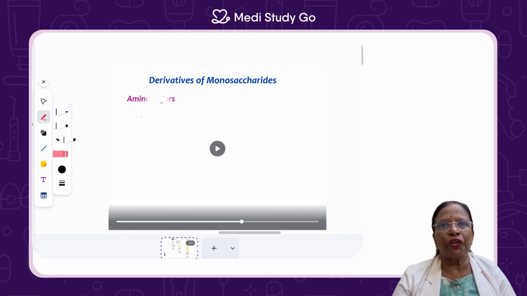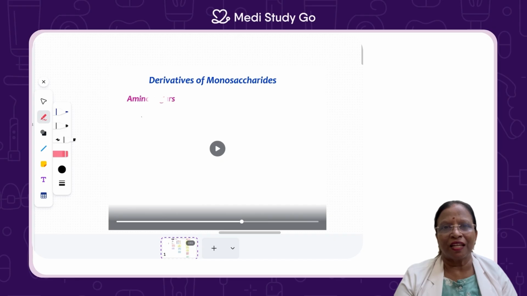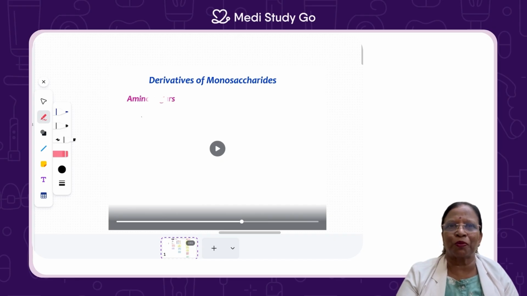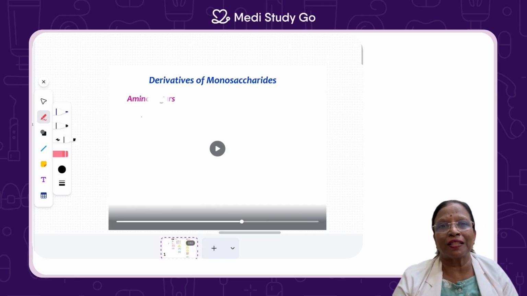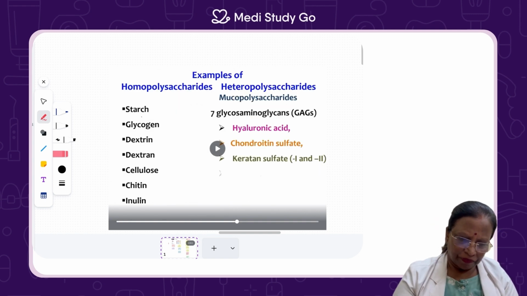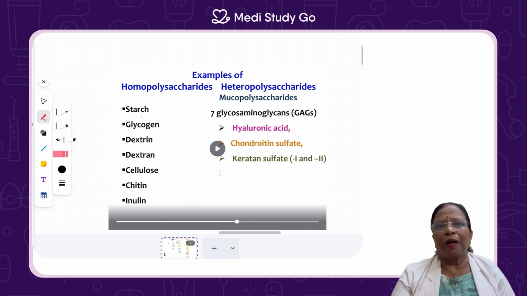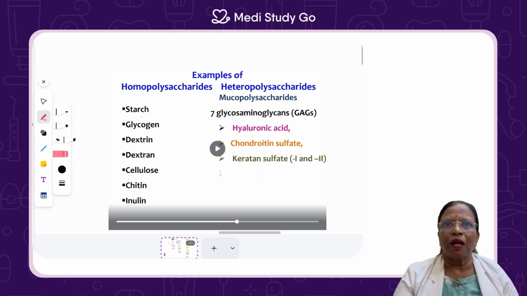But we no longer use the inulin clearance test because we use an endogenous substance called creatinine to assess glomerular filtration rate. Then comes the other polyglucans like dextrins. Dextrins are hydrolysis products of starch, lower molecular weight, highly branched polyglucans. And then comes dextran.